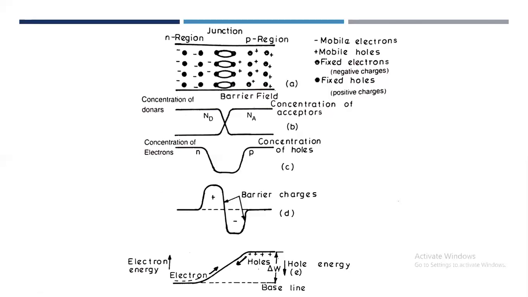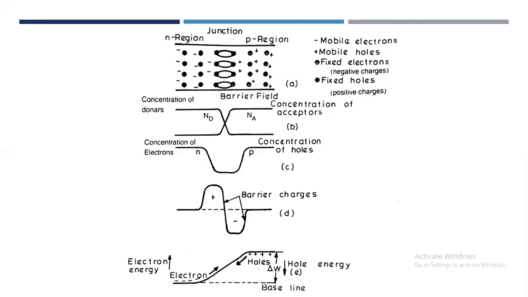Transfer of an electron all the way across the junction requires the expenditure of energy, measured in electron volts, and this is termed the barrier energy.